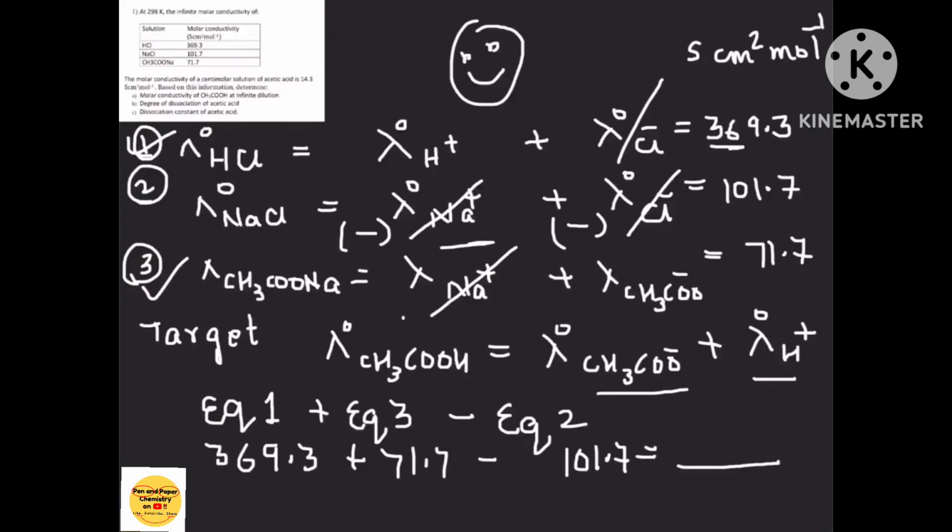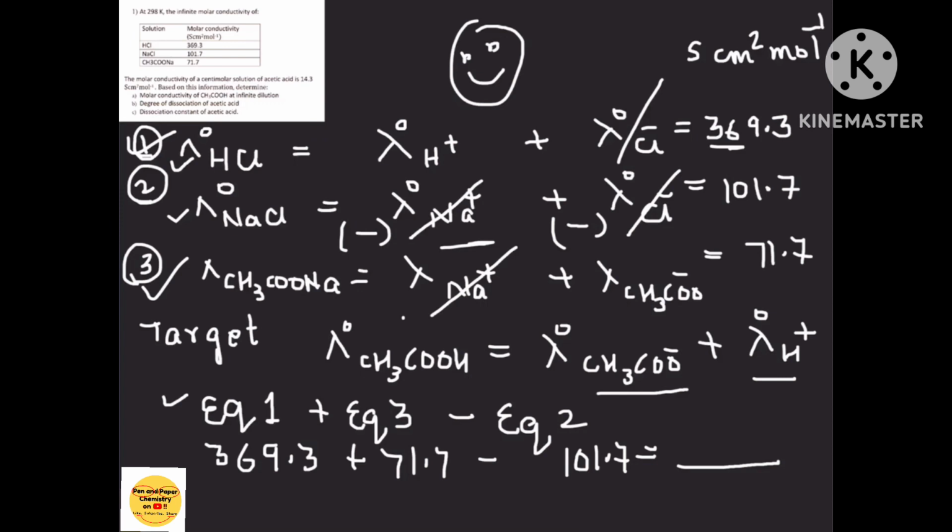So now that we've done the first part of the question, we come to the second part. Now, the first part is the same that we had done, the application of Kohlrausch law, that it helps us to determine the limiting molar conductivity of a weak electrolyte. So see, we know the molar conductivity of strong electrolytes and we have been able to decipher the molar conductivity of acetic acid, which is a weak electrolyte.